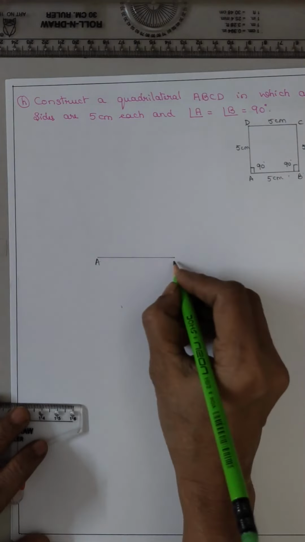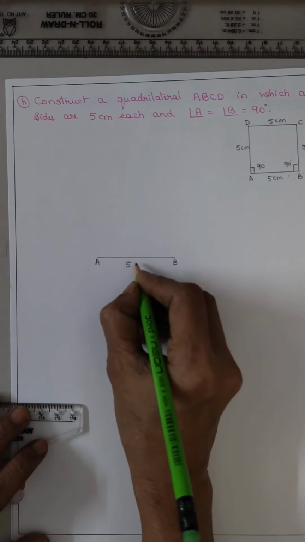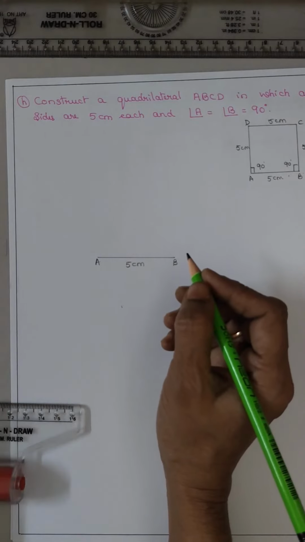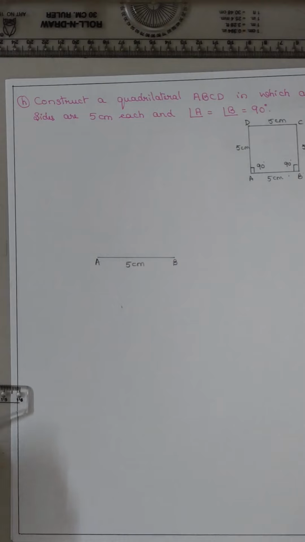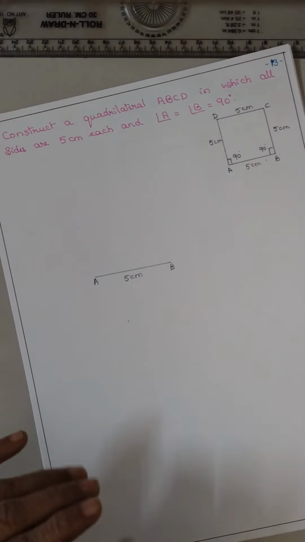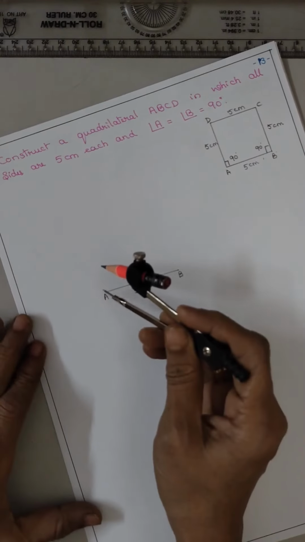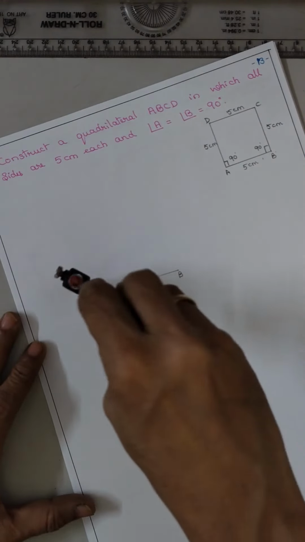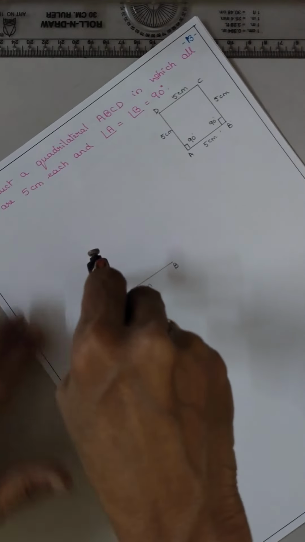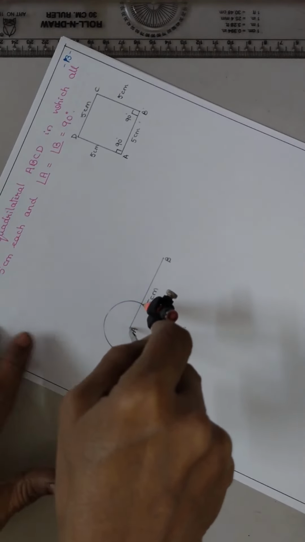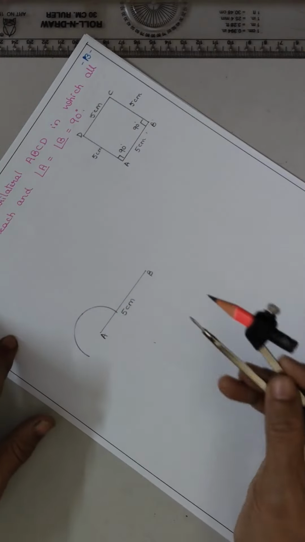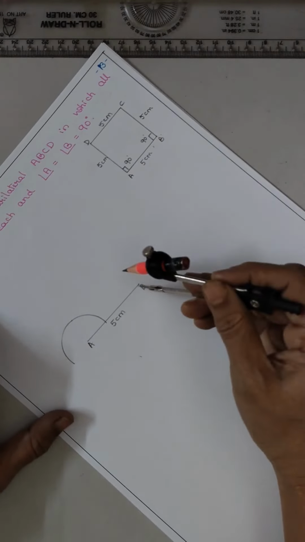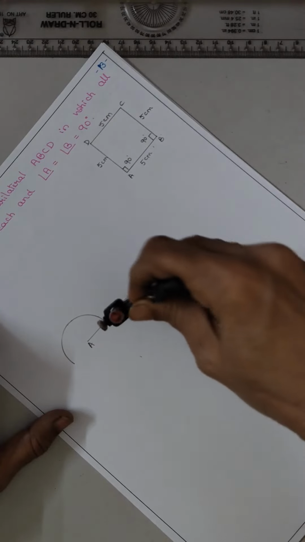AB 5 centimeter. Now at both A and B draw 90 degree. You know how to draw 90 degree, isn't it? So draw a semicircle. Both sides 90 degree, so you can draw it together.